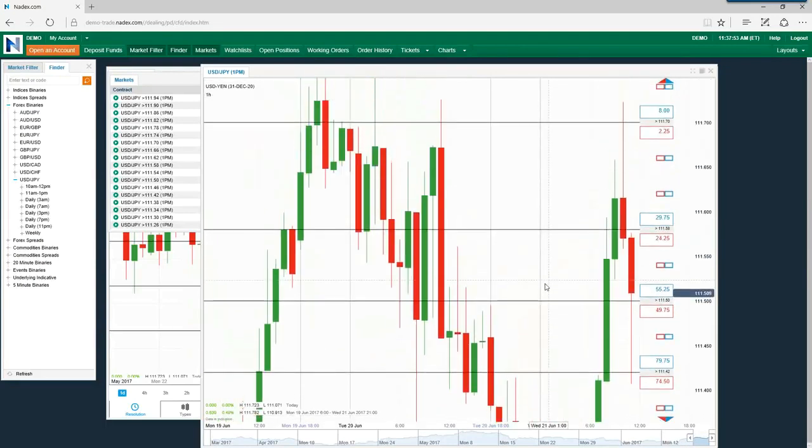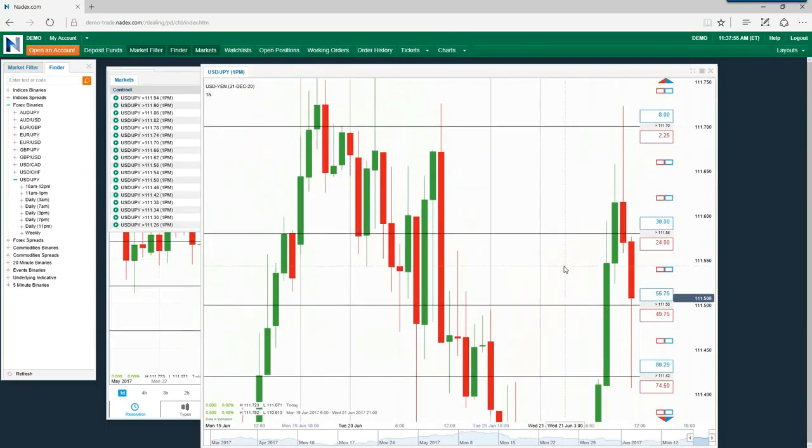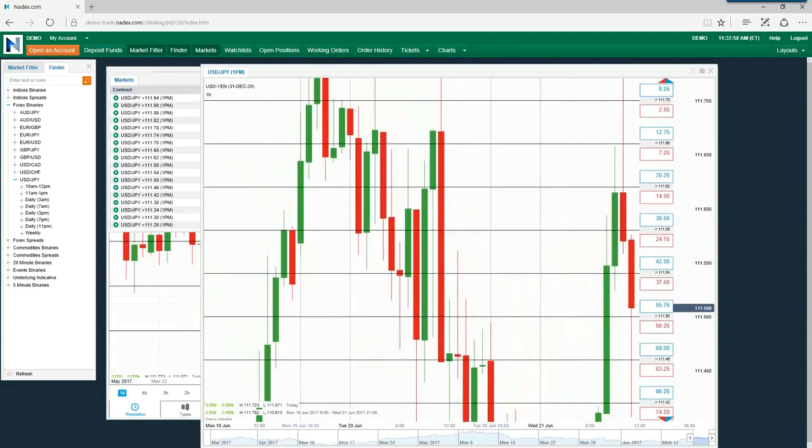We have strikes every 4 pips on this. So if I wanted to go long, my at the money would be right here. The risk on that trade is 54.25. That's kind of your midpoint on risk. Now, if I wanted to be in the money, I need to go down at least one full strike. So this is the current at the money strike.